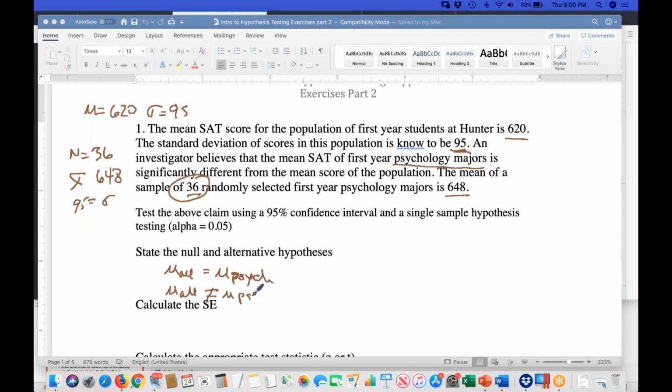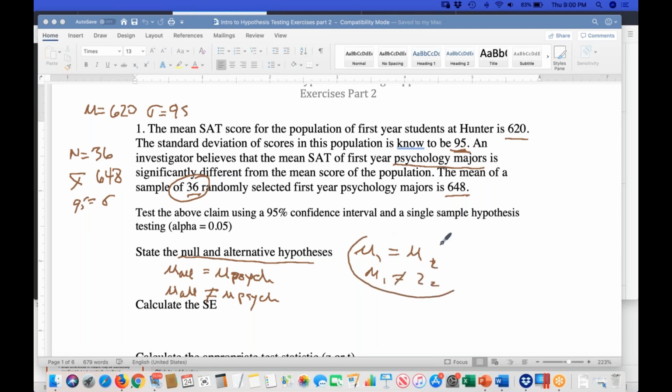Now, when we set up we're going to be comparing X bar to the mean for the population. But when we set up our null and alternative hypothesis, we always talk about the means, right? Mean 1 is equal to mean 2. Mean 1 is not equal to mean 2.